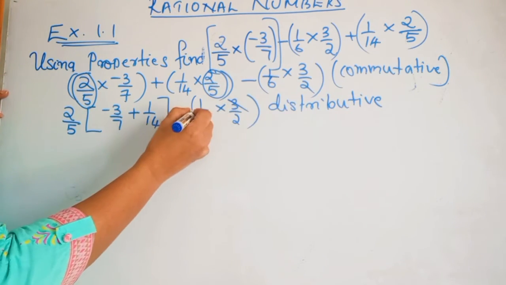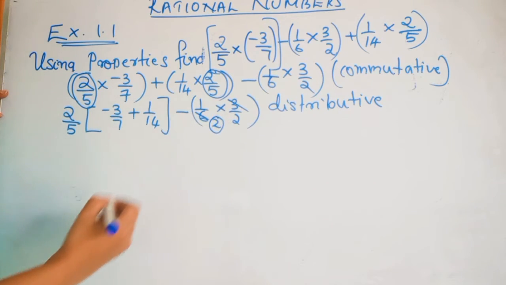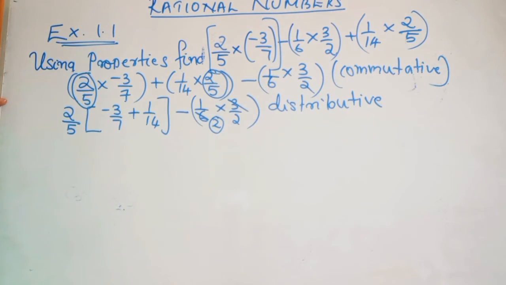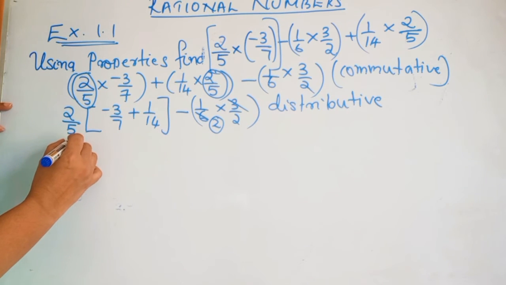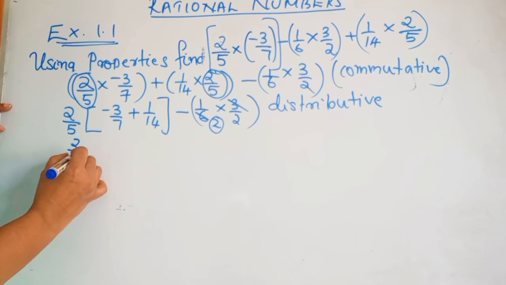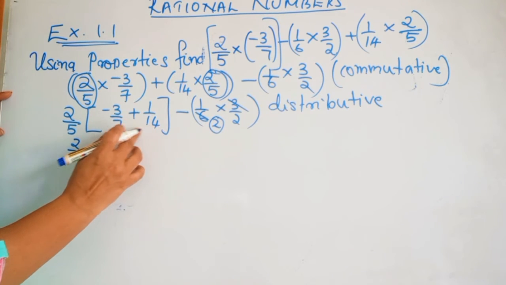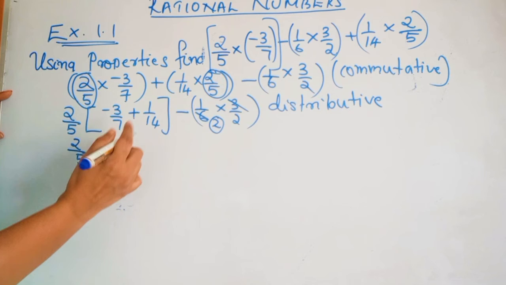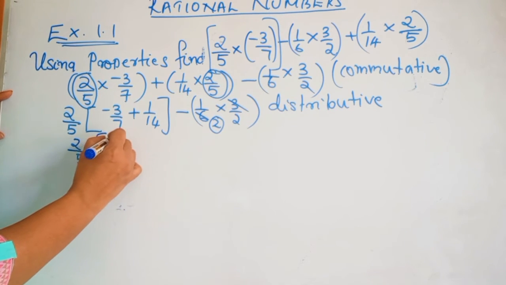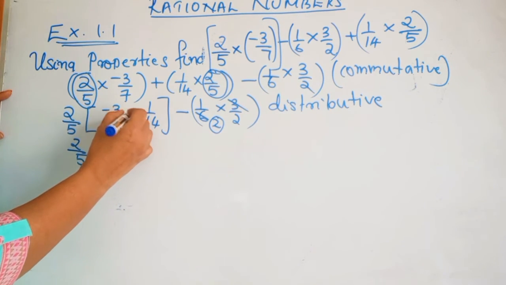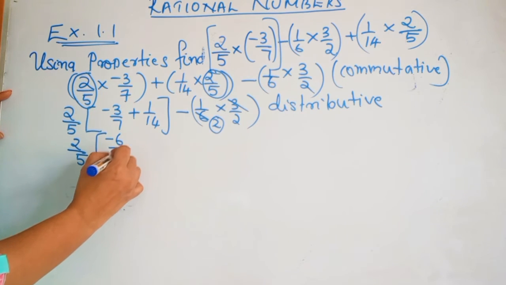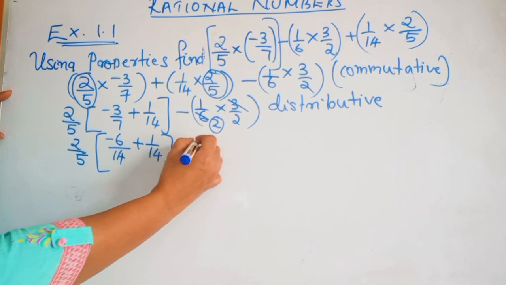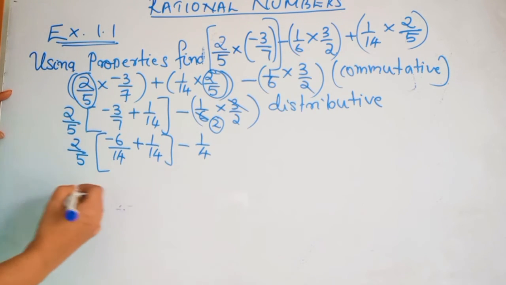Now we can cancel these numbers. I have cancelled 3 and 6, 2 times possible, and here now we can solve them. 2 by 5. Here 7 and 14 are the denominators, so the LCM will be 14. So we need to convert the first term, that is minus 3 into 2 is minus 6 and 7 into 2 is 14, plus 1 by 14 minus 1 by 4.